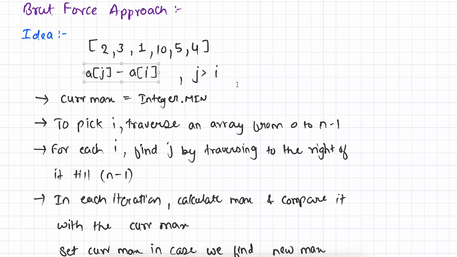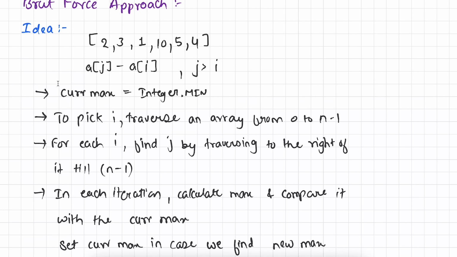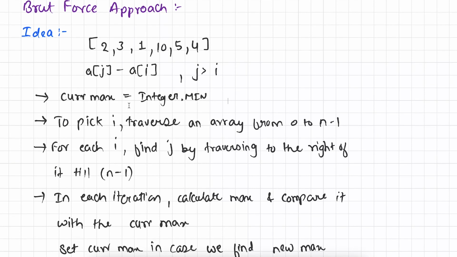Okay. So in this approach, we are going to first create a variable, and in this variable we are going to store the minimum value, which we get from the Integer class. And then we pick i by traversing this array from 0 to n minus 1. In this way we pick one element at a time, and that is going to be our i.